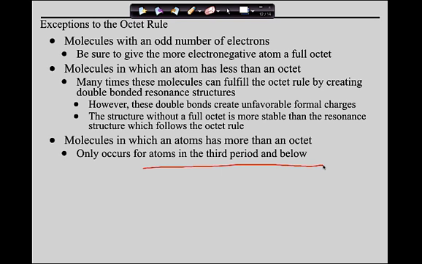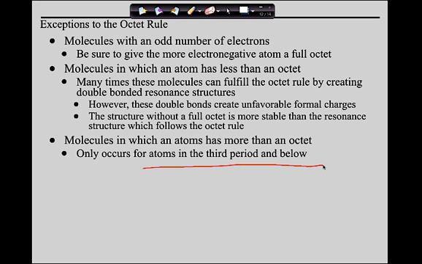So what happens when these atoms get 5 and 6 pairs of electrons? The answer is those extra electrons go into the d sublevel. The d sublevel becomes valence. But the second energy level doesn't have a d sublevel. So these elements cannot have more than an octet.